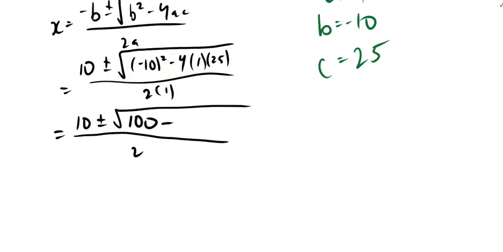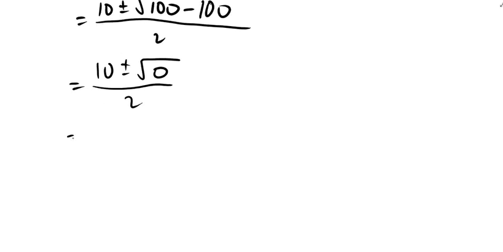So it's going to be minus, and 4 times 25 is 100. What's 100 minus 100? 0. What's the square root of 0? 0.